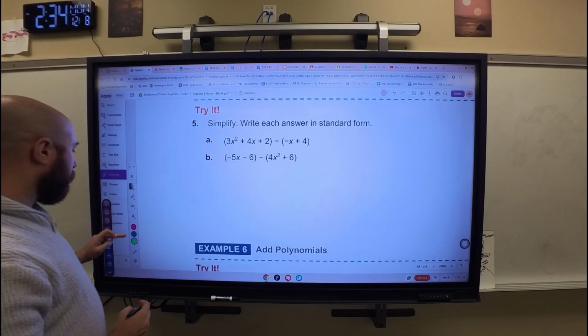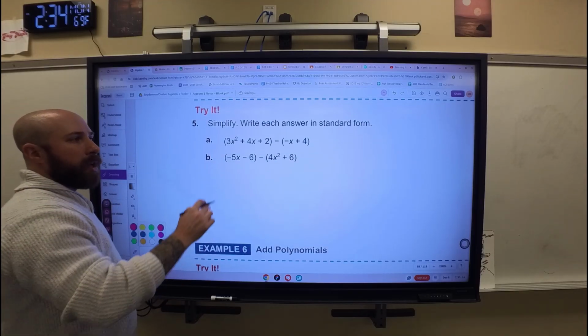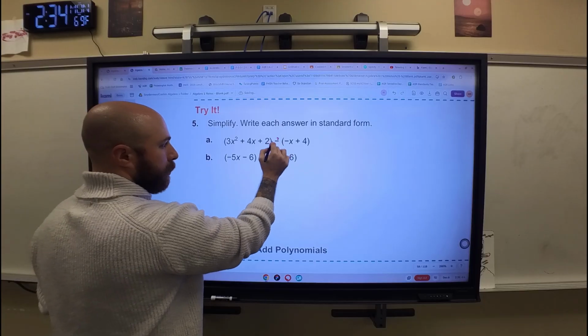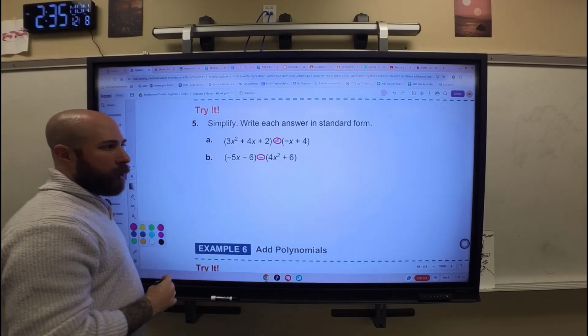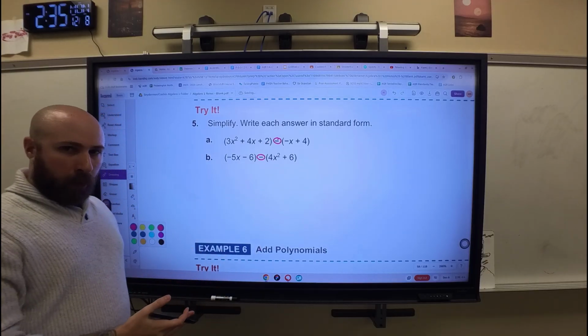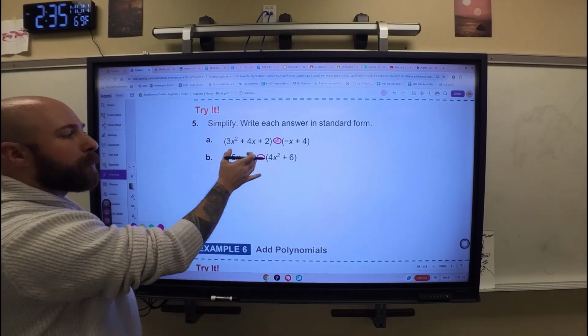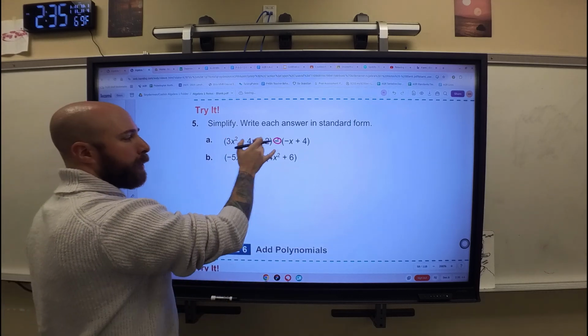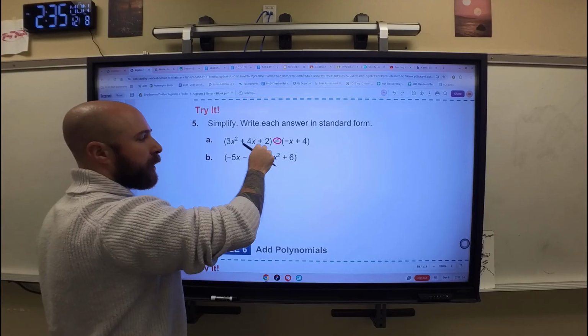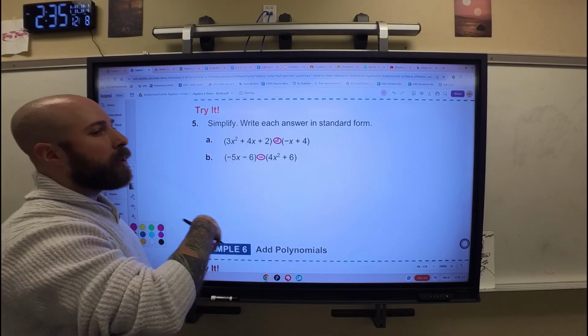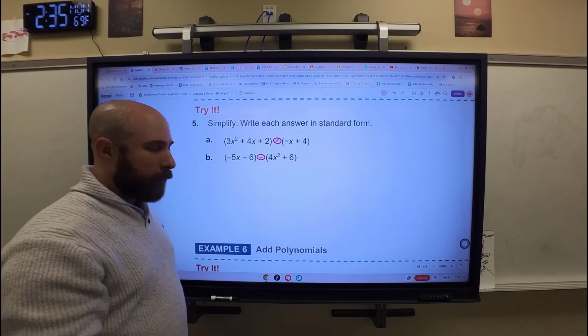All right, last one that we're going to do here. Let's look at number 5. Now with this one, we are subtracting. Here's my foolproof method to help you out with this, because most people can't look at it and say, okay, I know what I need to subtract, but I have negative signs, so I have to flip my signs. It can make people confused.